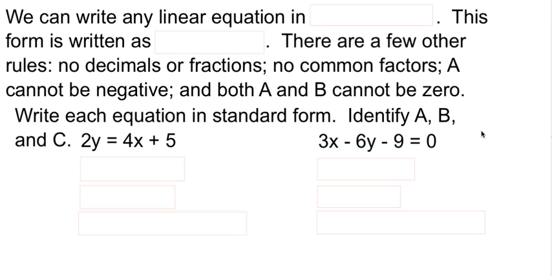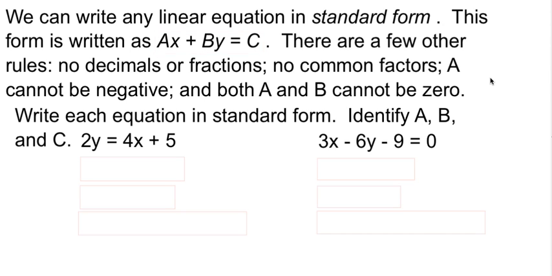Okay. When we write linear equations, there are several different forms. One form that we're going to really be interested in is called standard form. The way standard form is written is ax plus by equals c.